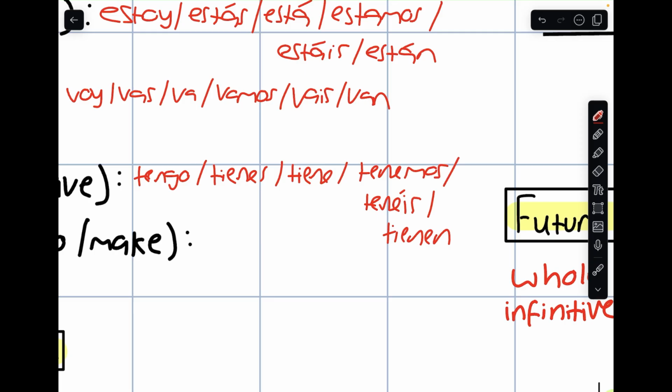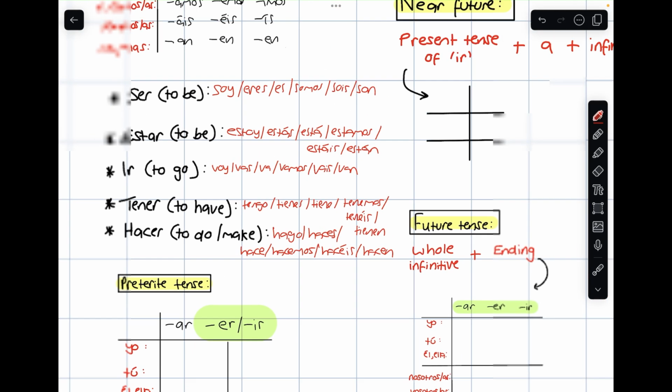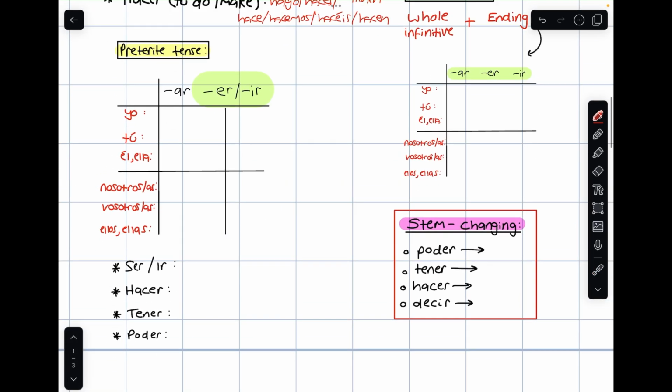Now, hacer in the present tense becomes hago, haces, hace, hacemos, hacéis, and hacen. So there's a quick summary of the present tense. We've covered the irregular endings and some of the key irregulars in the present. Let's move on to our next tense, which is the preterite tense.